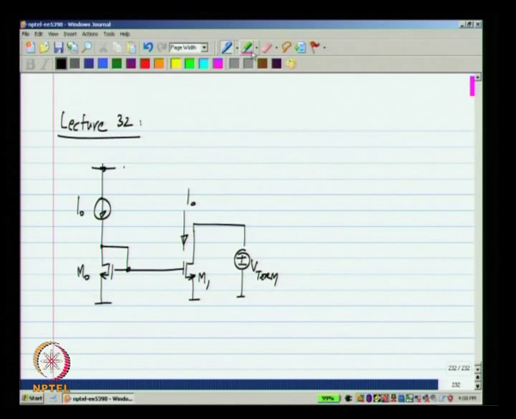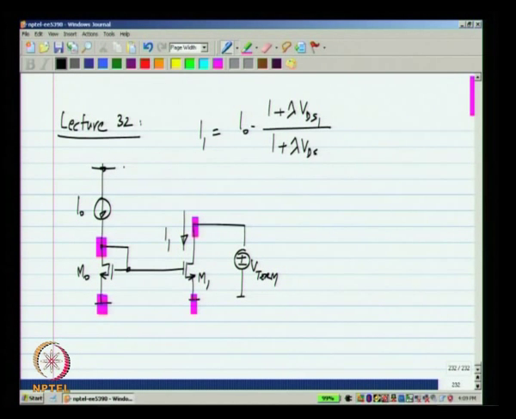Now, we know that the current is also influenced by the drain source voltage of the transistors. So, the drain source voltage of M0 and M1 could be different, and this current I1 will really be equal to I naught times 1 plus lambda VDS1, which is lambda V term, divided by 1 plus lambda VDS0.